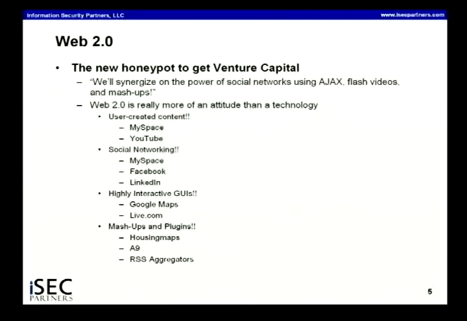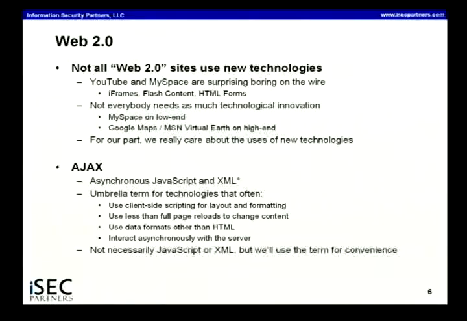Highly interactive GUIs is one of the big parts and one of the big draws, and mashups and plugins, right? Because if I couldn't get JavaScript from one site, I'd like to get JavaScript from 7 different sites right now. And that's what mashups and plugins are about, and those are becoming more and more popular, and we'll talk about those at the end. Not all Web 2.0 sites use new technology.